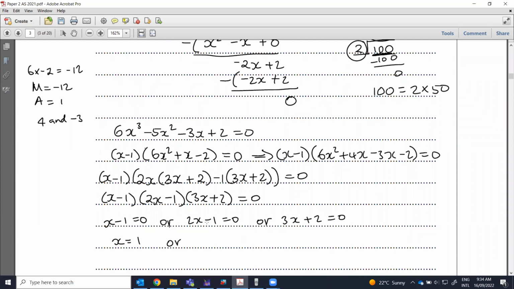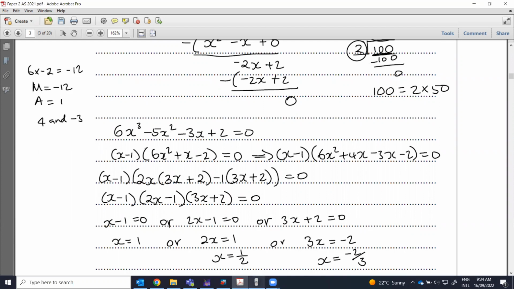If 2x minus 1 is 0, this means that 2x is equal to 1, and therefore x is equal to a half. And then if 3x plus 2 is equal to 0, this means that 3x is equal to minus 2, and then x is equal to minus 2 over 3. So these are your 3 solutions.